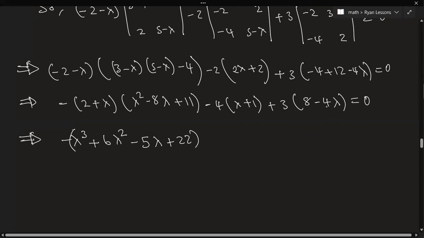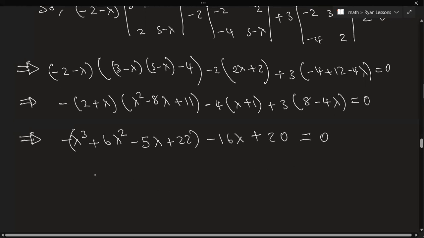So this side we have negative 12, negative 4, so we have negative 16 lambda. Then we have 24 minus 4. So 24 minus 4 is plus 20, equals to 0.